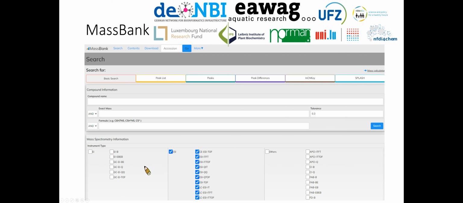MassBank contains spectra for thousands of compounds, including drugs, metabolites, and environmental pollutants, as well as related information such as molecular formula, molecular weight, and chemical structure. The database is widely used for the identification of compounds in complex mixtures and for the development of new mass spectrometry-based analytical techniques.